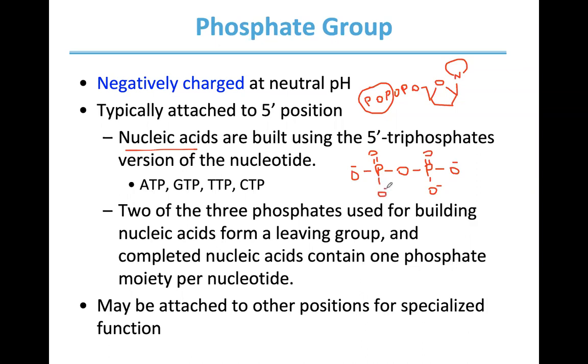Right, so this is diphosphate. Diphosphate is often called pyrophosphate. So this will be the leaving group, right? And then the next molecule of the ribose will be linked through this phosphate, okay? So this is the 5' position. This will be the 3' position of the next ribose.